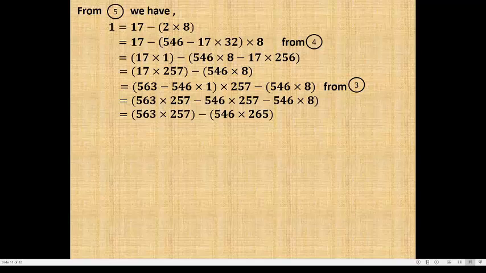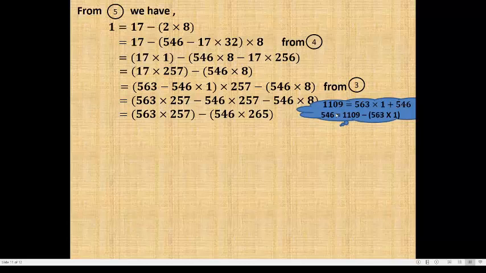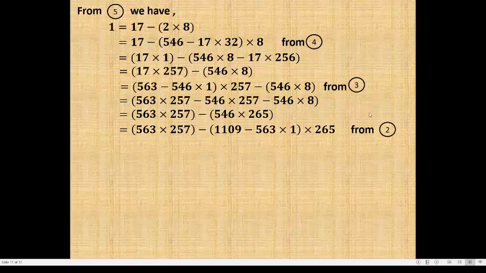Now observe the equation number 2. 1109 equals 563 into 1 plus 546. So here the value of 546 is equal to 1109 minus 563 into 1. Substitute this value in this equation. So we get 563 into 257 minus (1109 minus 563 into 1) into 265, from equation number 2. Now simplify this equation.